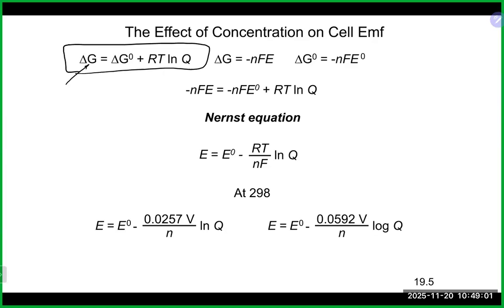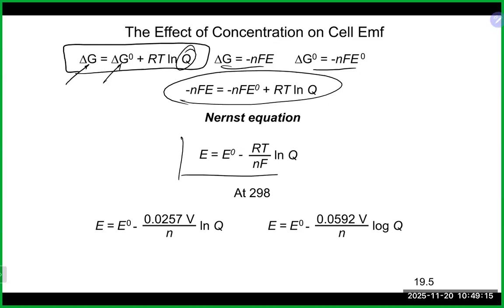Remember that non-standard delta G there, standard delta G, and then we have our Q. And if we take some of our delta G and E guys and relate them to each other, putting all those guys together yields us the Nernst equation. And the Nernst equation is the galvanic cell version or electrochemistry version of non-standard conditions and standard conditions, if you will. So this is E of the cell under non-standard conditions is the way you could think of it.